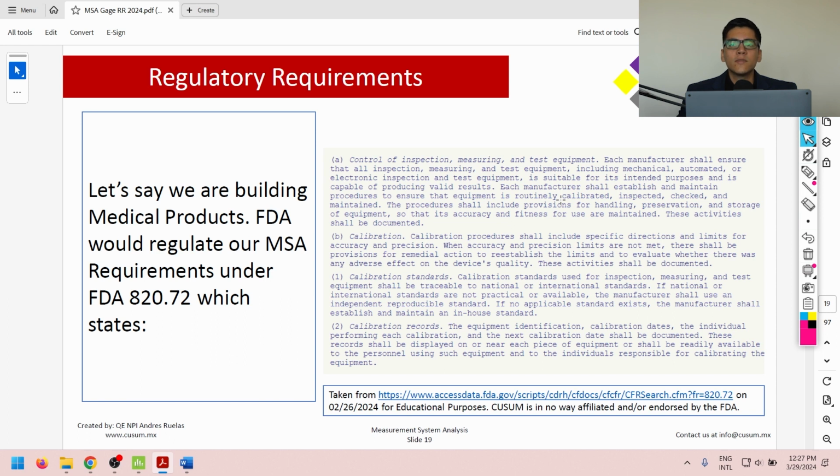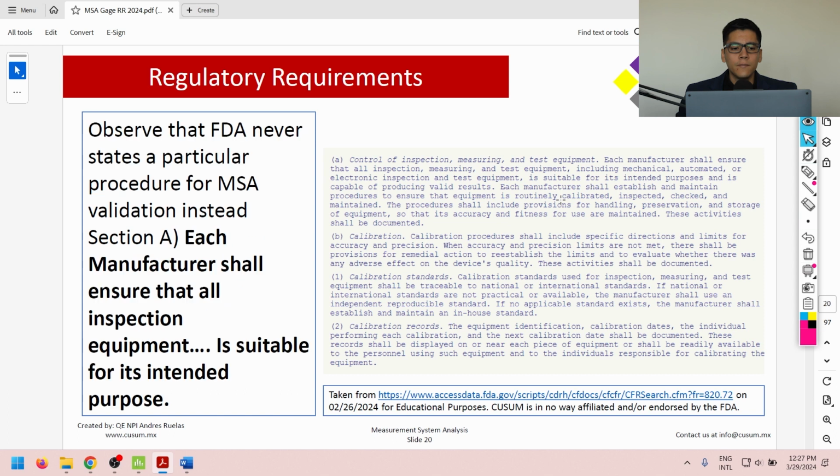This right here has been taken from the official FDA website. If we look closely, we're going to see the following. Control of inspection, measuring, and test equipment. Each manufacturer shall ensure that all inspection, measuring, and test equipment, including mechanical, automated, or electronic inspection and test equipment, is suitable for its intended purposes and is capable of producing valid results.